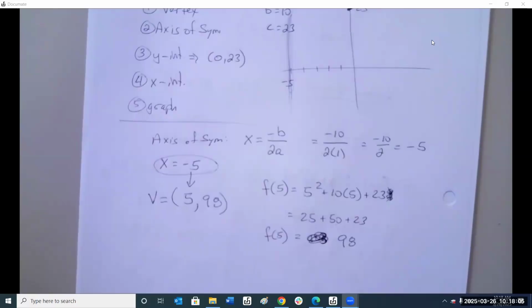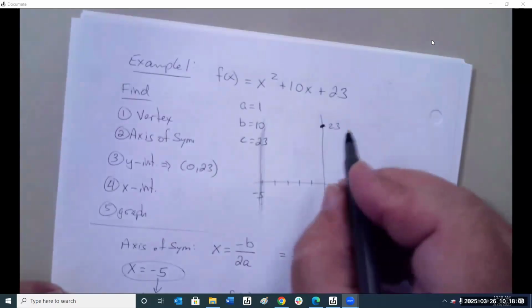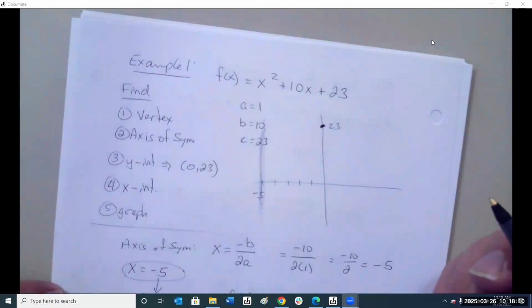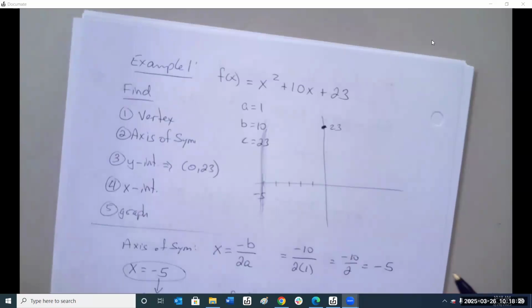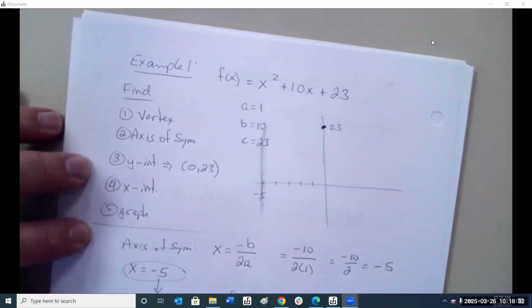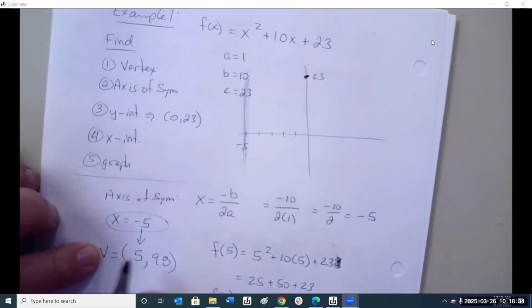Everybody okay with that? So let's look at our picture. This one's going to look pretty weird. Did I copy it down correctly? Yeah. Because at -5, I'm sorry, that's my bad. It's -50.